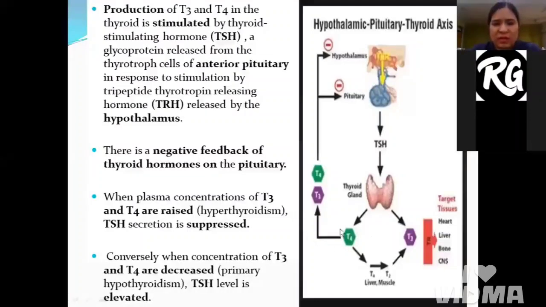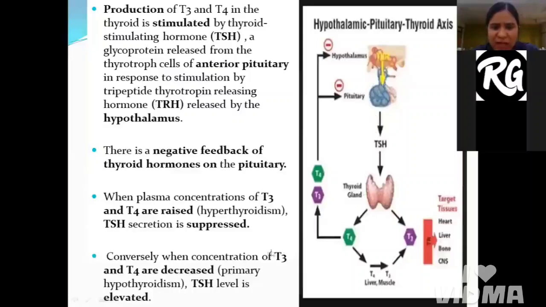And there is also a negative feedback of thyroid hormones on the pituitary. When the secretion of T3 and T4 increases, it gives a negative feedback to the pituitary as well as the hypothalamus, that there is an adequate amount of thyroid hormone in the blood, so stop producing TRH and TSH. So the TSH secretion is suppressed.